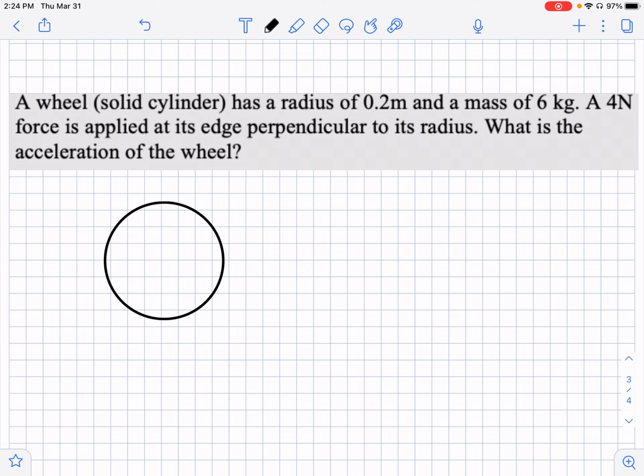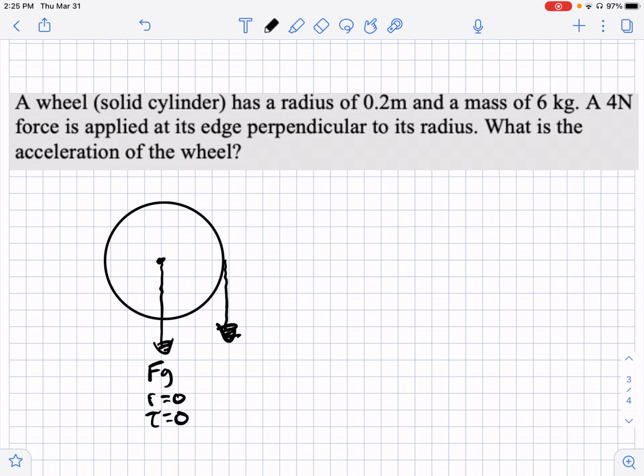There we go. And then attached to the edge, we have some kind of a force that's perpendicular to it. Now we do have Fg right here at the center. But again, the moment arm is equal to 0, so the torque caused from the weight of this is just equal to 0. So we can kind of ignore the Fg there.